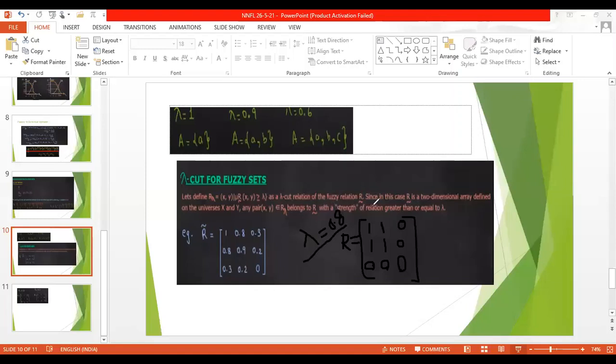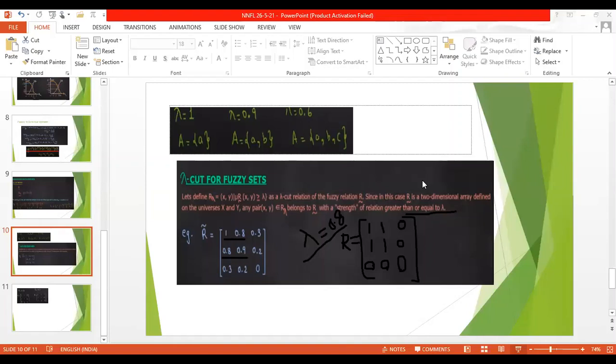R with a strength of relation greater than or equal to lambda. So here only first 4 elements are greater than or equal to 0.8. So that part itself we are mentioning with 1, remaining all the terms to be zeros. Okay. Hope it is clear.